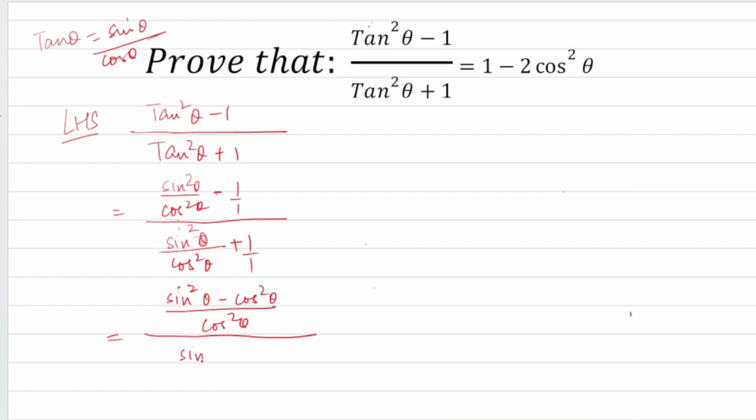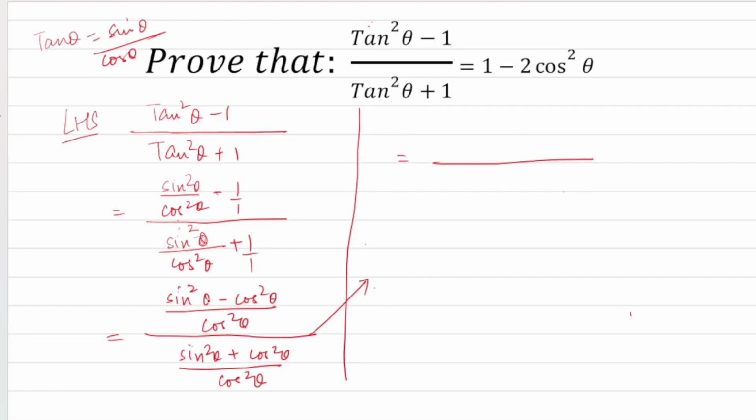So I get sine square theta plus cos square theta. And my denominator of this denominator part is actually cos square theta. So the numerator is sine square theta minus cos square theta over cos square theta.